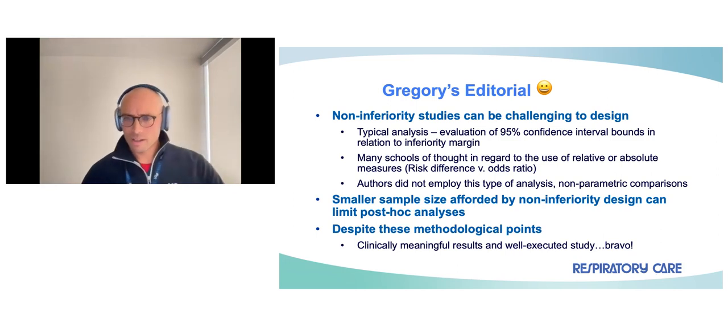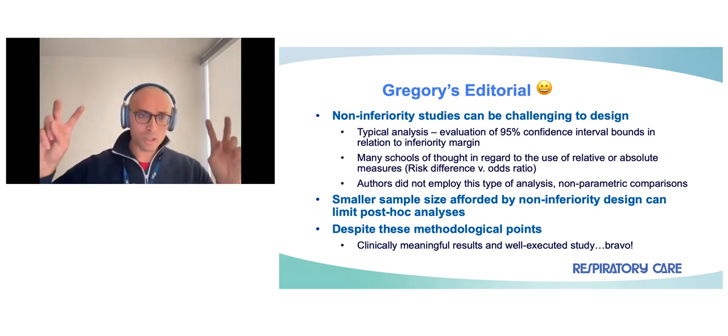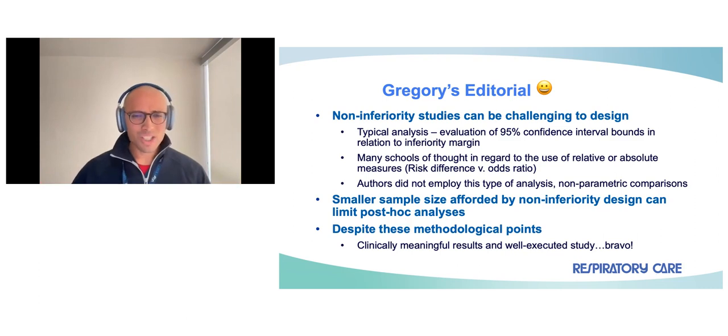Now, these non-inferiority designs can afford you a smaller sample size. Remember, their power calculation said they only needed 16 subjects, but what that results in is you only have 16 subjects. So if you wanted to look at other analyses post hoc, or after the fact, you're somewhat limited because you have a smaller sample size. But that's not a knock on the authors, because their power calculation justified the sample size they used, which is how they determine the sample size.